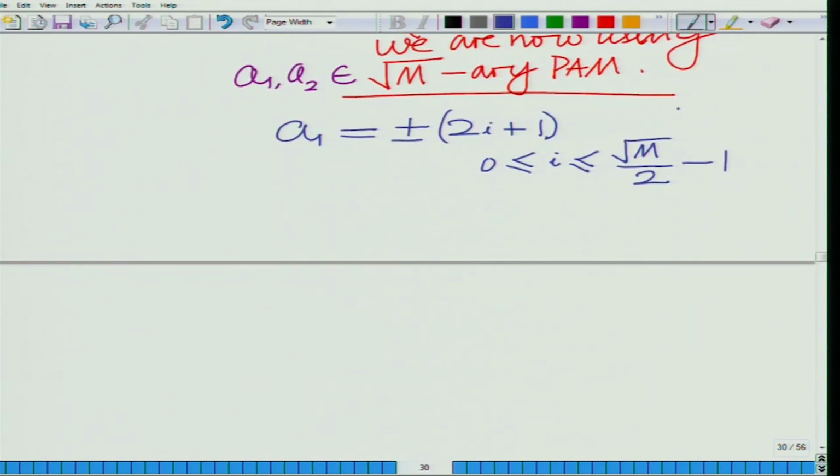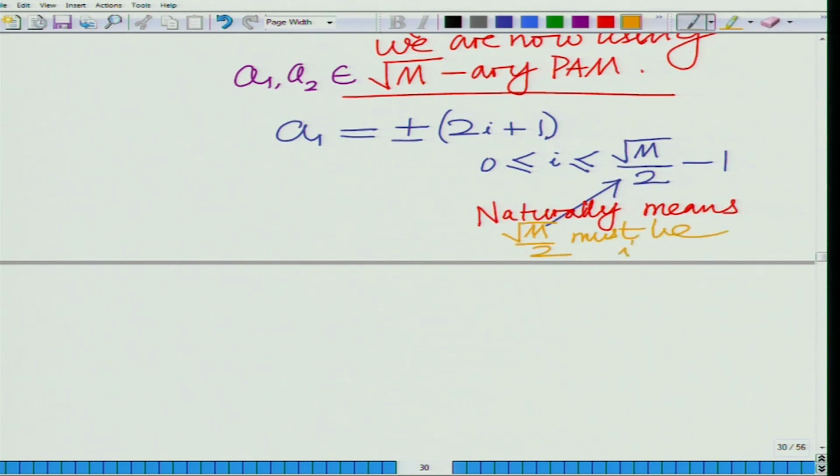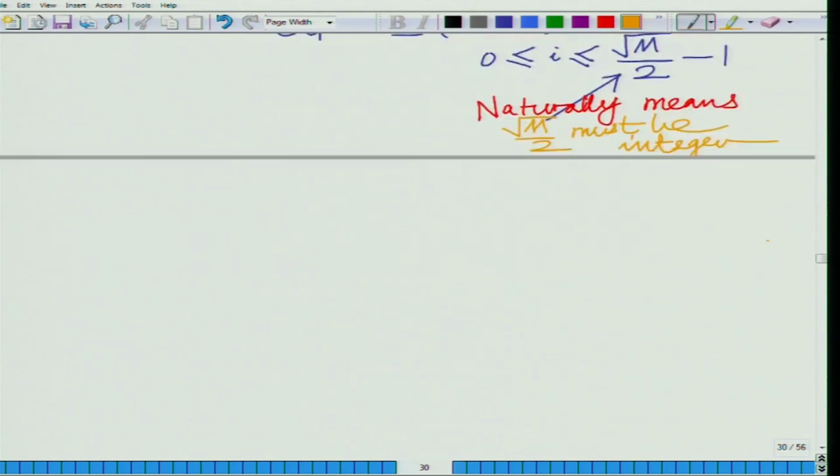Since we are considering 0 less than or equal to i less than or equal to square root of M over 2 minus 1, this naturally means you cannot choose any value of M; square root of M over 2 must be an integer.